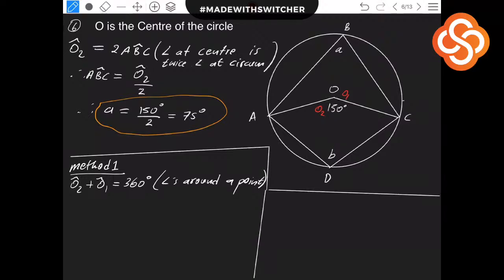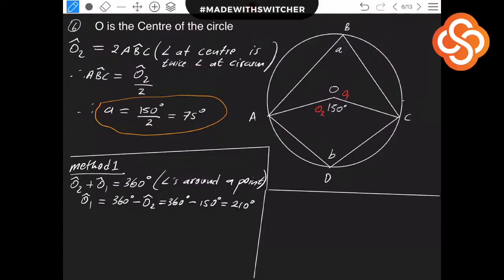Okay, and then since we're looking for O1, O1 is going to be 360 minus O2, which is going to be 360 minus 150, which is going to be 210.